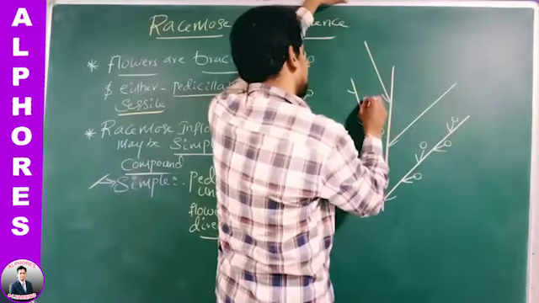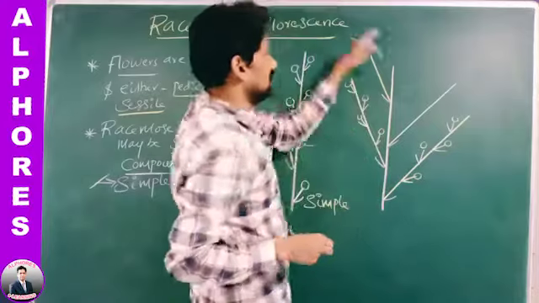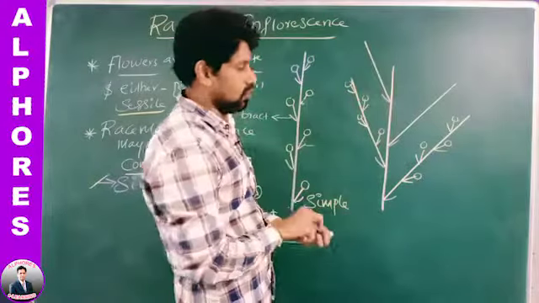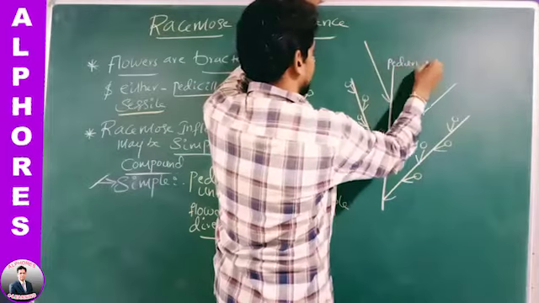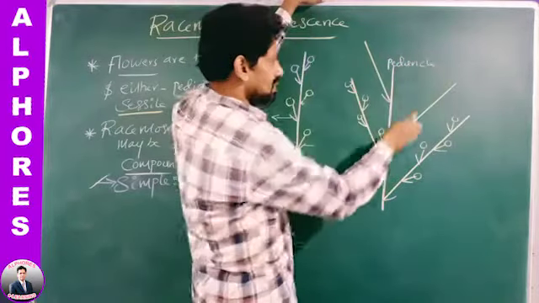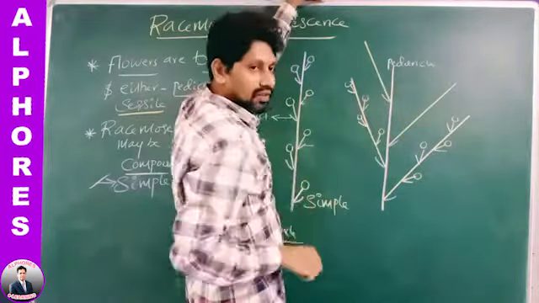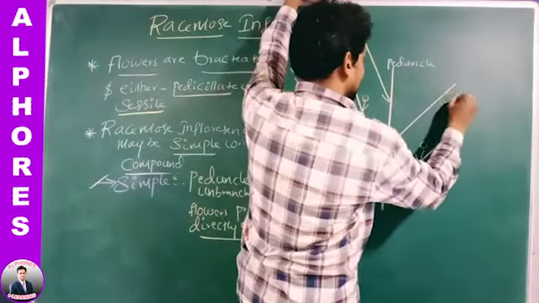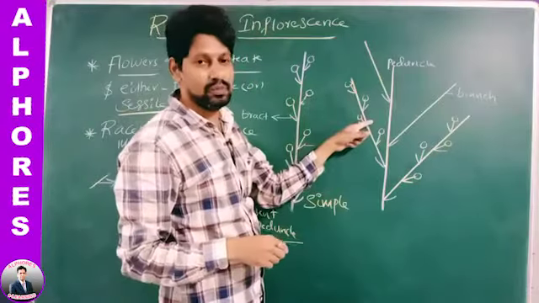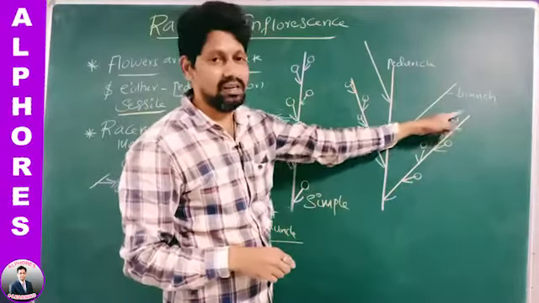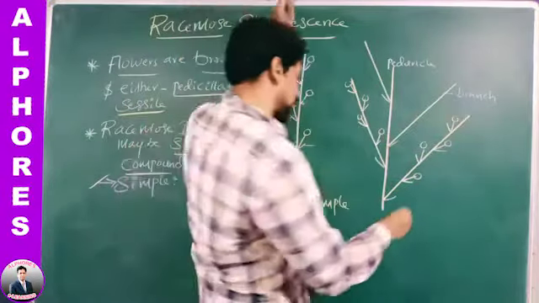Now see this diagram once. This is the peduncle. These are branches. Therefore, the peduncle is branched, and flowers are present on the branches. This is compound.